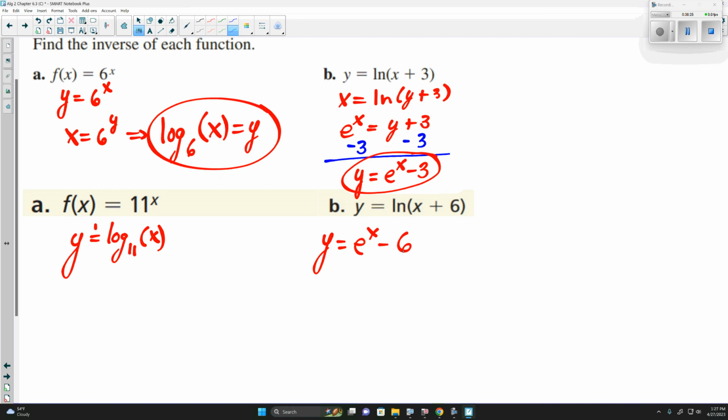But questions on these here? But that is it with this here. And that's all we're covering.